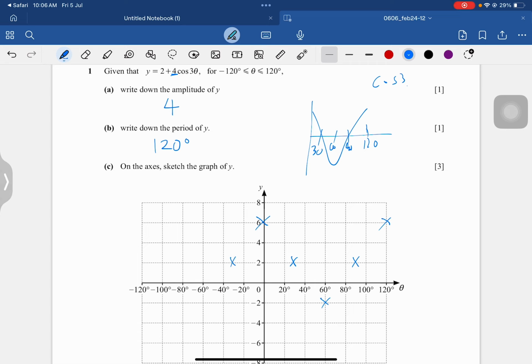At minus 60, it's actually at minus 2. At minus 90 degrees, it's at 2. And minus 120 will be at 6. So connect them. This will be your answer.